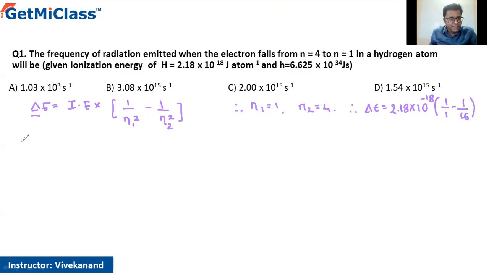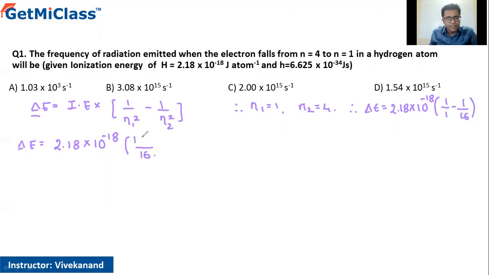Now, let's have this answer over here. Delta E is equal to the ionization energy 2.18 × 10^-18, the whole thing. Over here, we'll take our LCM, so we are going to get 16.